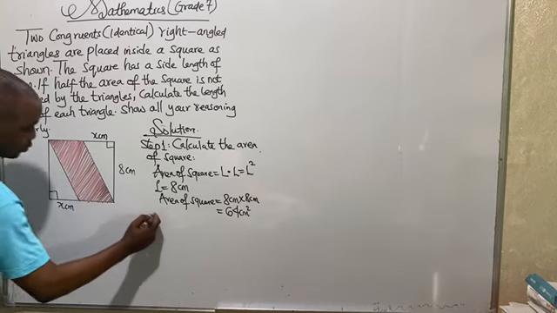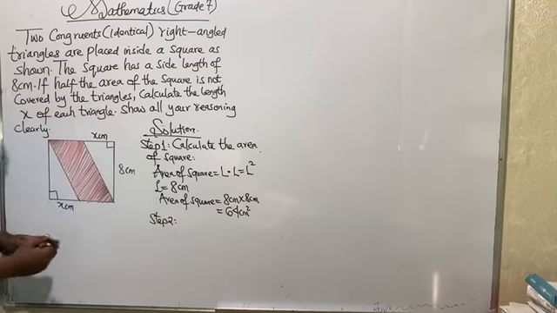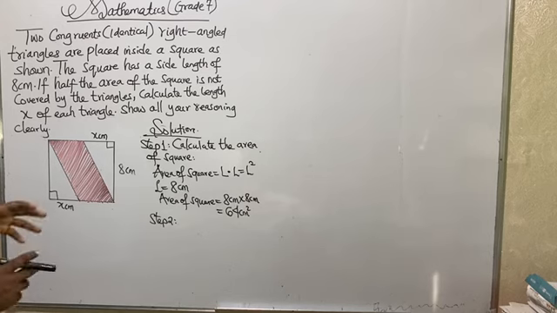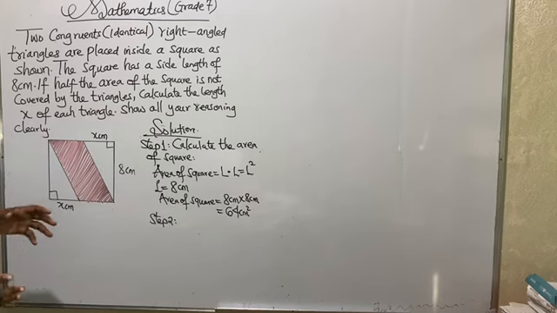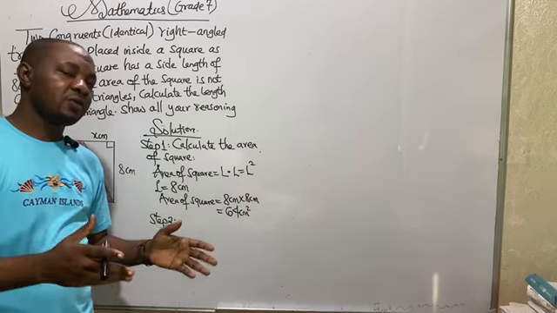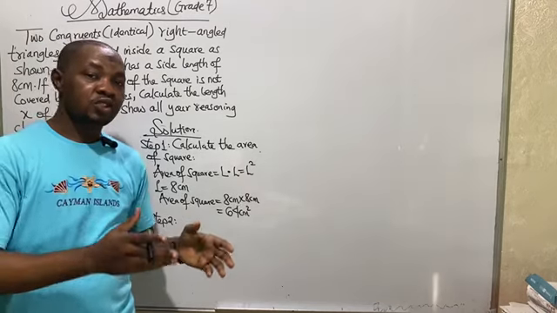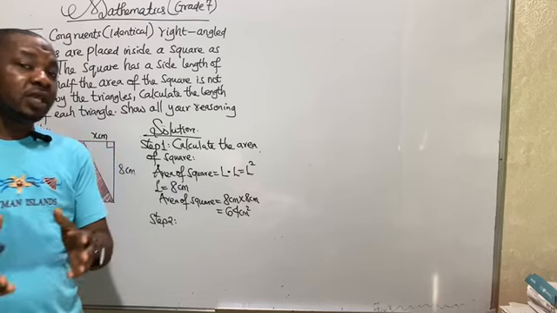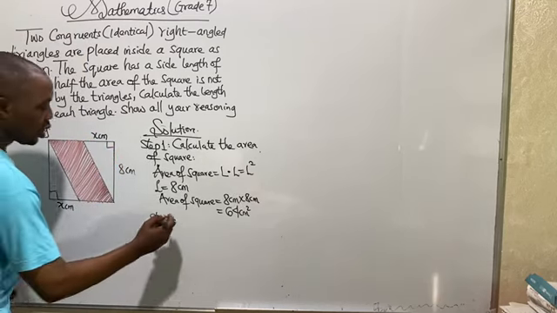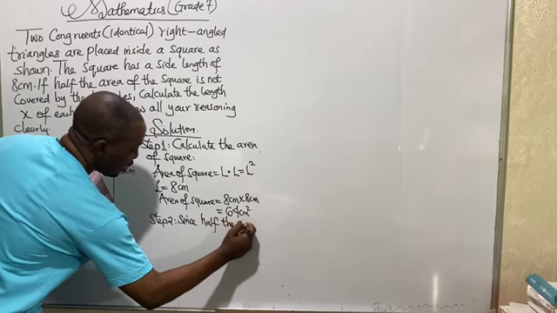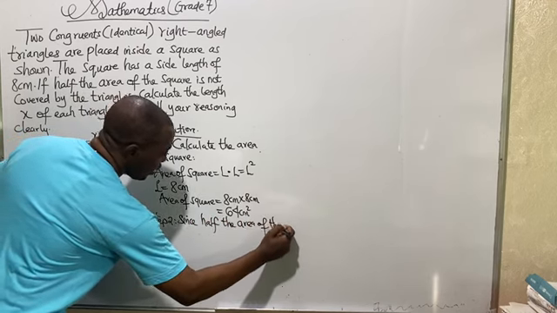Now, step 2. We have that half the area of the square is not covered by the triangles, so it simply means that the triangles cover 1/2 of the area of the square.